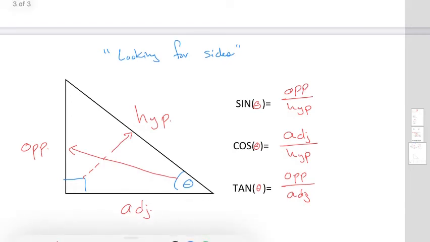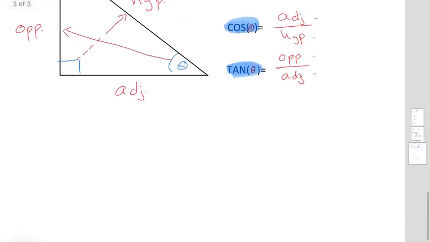We always refer back to these three equations: sine, cosine, and tan. It's always going to be sine opposite over hypotenuse, cosine adjacent over hypotenuse, tangent opposite over adjacent. That is always going to be true. And we use these functions whenever we're looking for a side measurement.